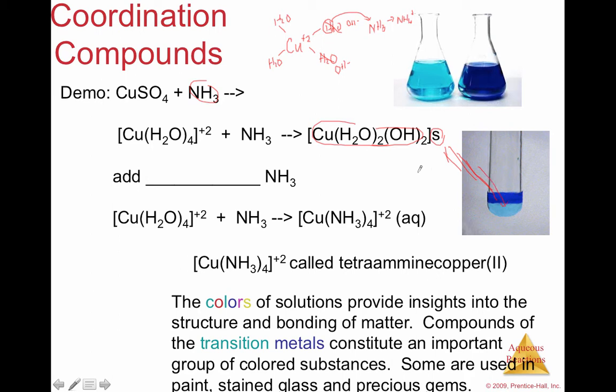All right. As we add excess ammonia, the ammonia then displaces these ligands. Since we have excess, it will displace all of them.